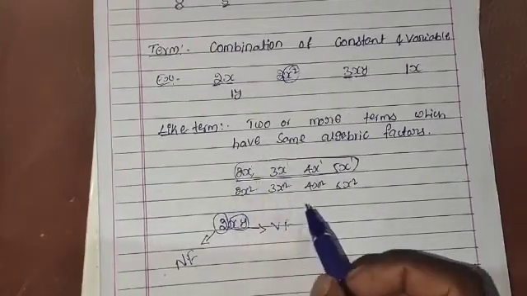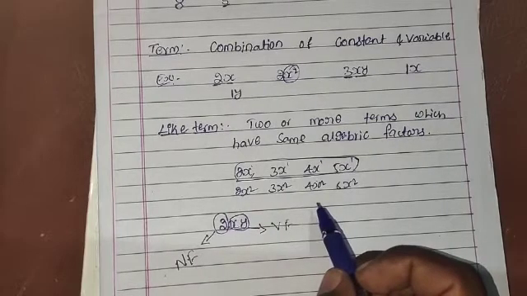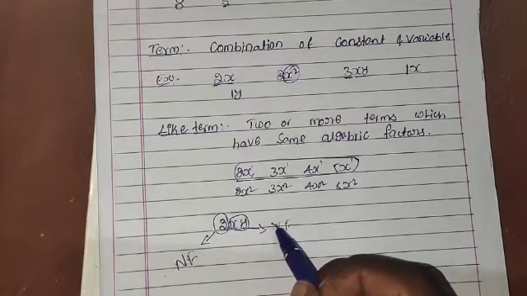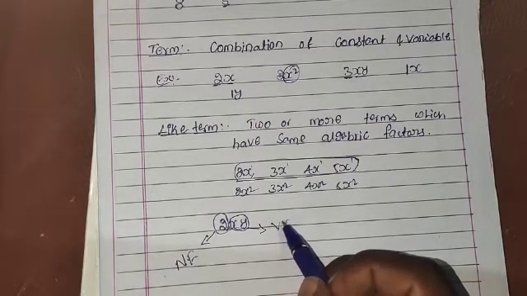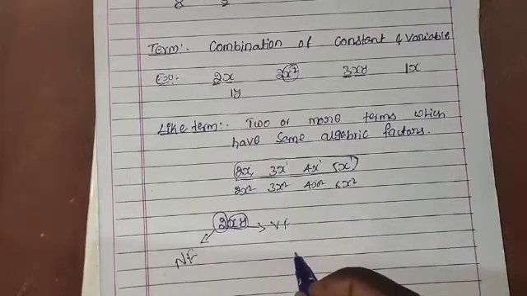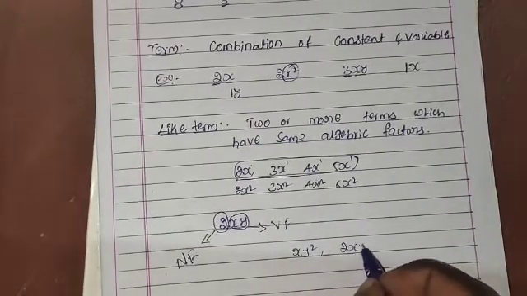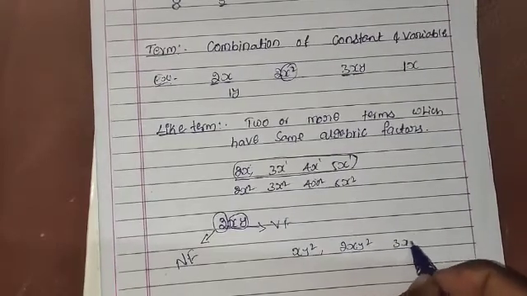Like terms means two or more terms which have the same variable factor. For example, take xy square, 2xy square, 3xy square.